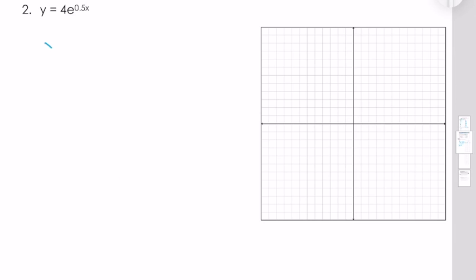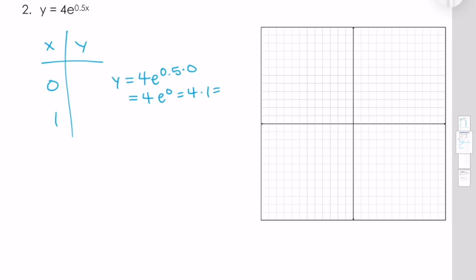Go ahead and make a table, x, y, x is 0 and 1, and we will plug those in to find y. And again, whenever you plug 0 into the exponent, we don't need a calculator to solve that because e to the 0 power is 1. So it's 4 times 1, which is 4. But we do need a calculator for the second.